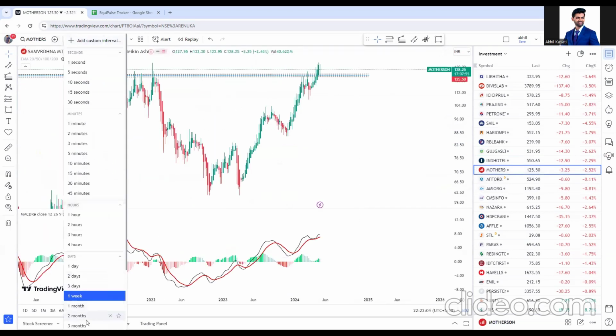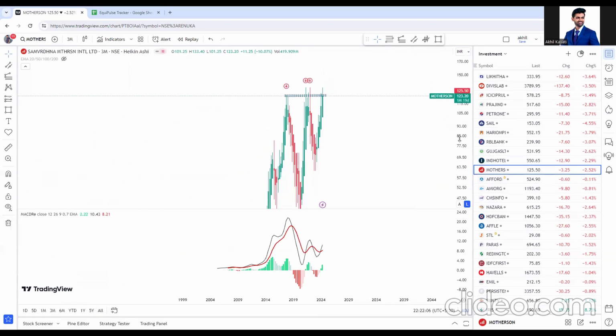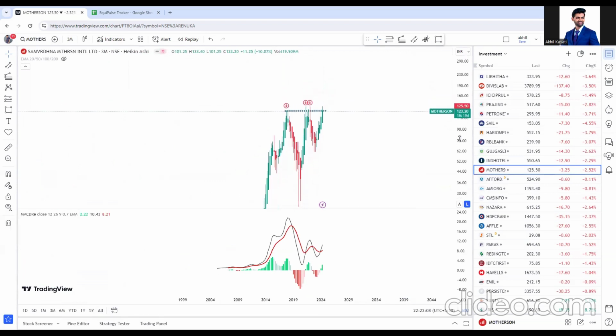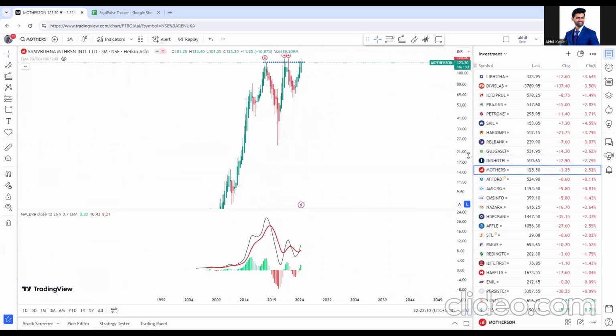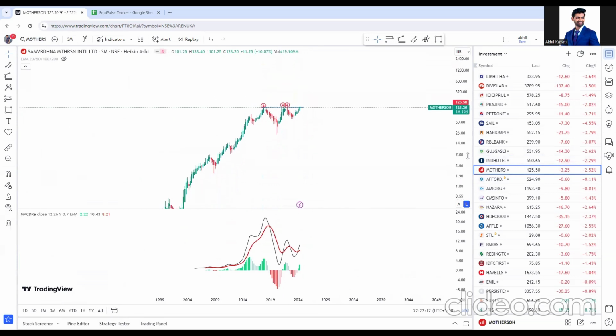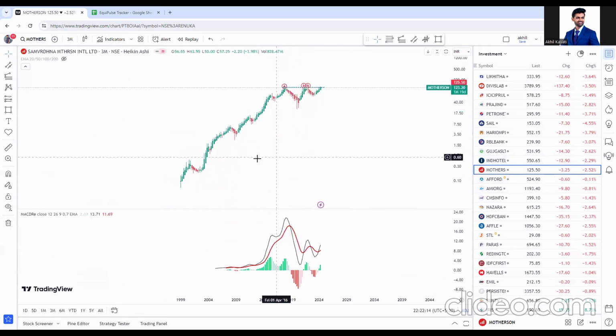So why is this? Will take 2 minutes to explain this. Please bear with us because this is something interesting. So going back to the inception, right? So 1999 is when Motherson was listed. We did wave one, wave two. This was nice. Wave three, wave four, and this was a massive wave five.